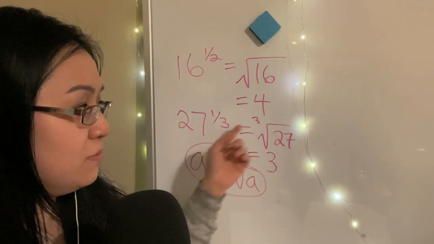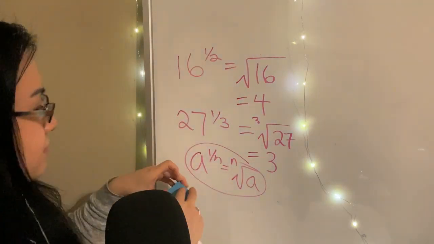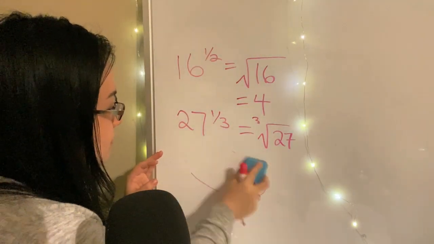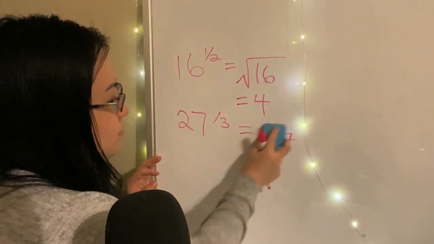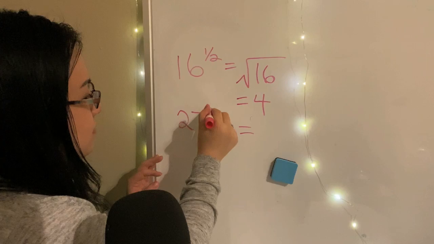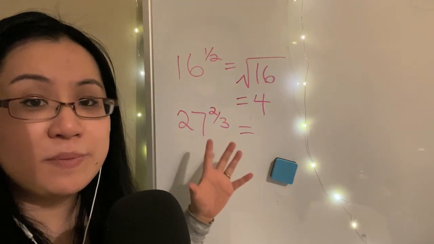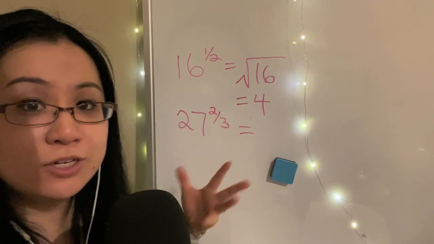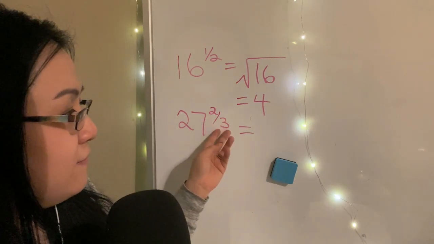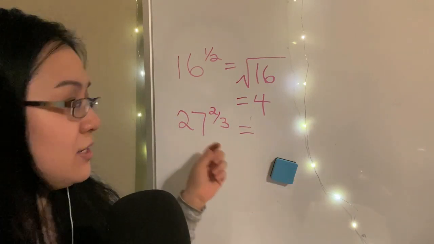So the bottom would tell me I'm taking the cube root, but if I have 2/3 instead, then I basically use another rule that we have for exponents, which is that I break this up into 2 times 1/3.